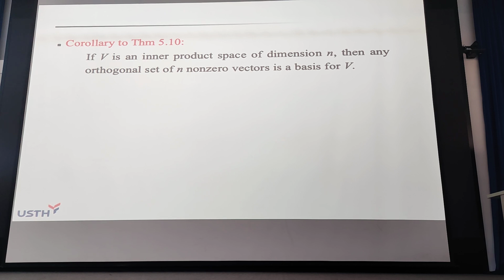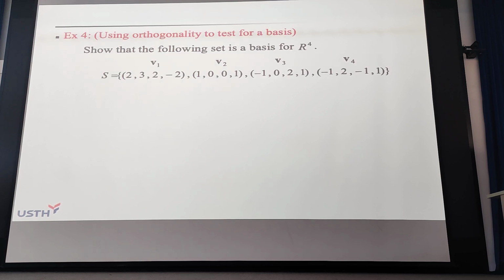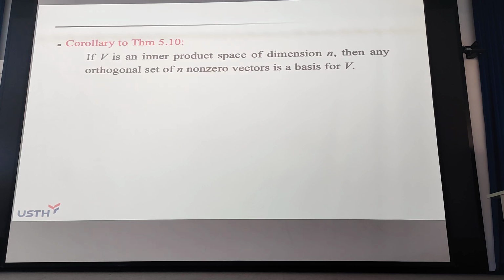And because of that, S must be a basis for V. Because it is an orthogonal set, it must be linearly independent. And the dimension is n, and the system contains n vectors, so it must be a basis for V.